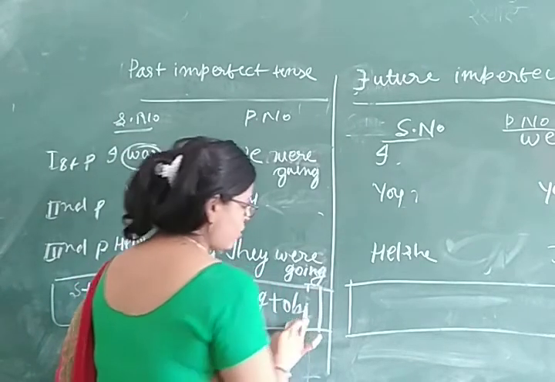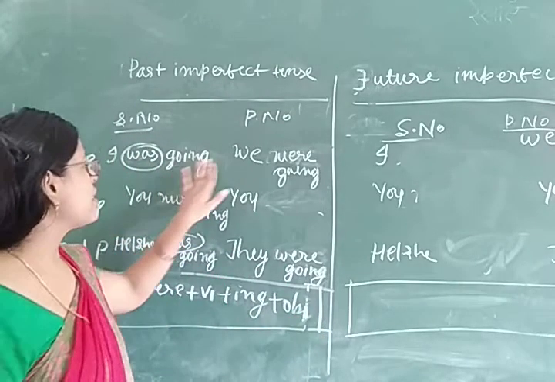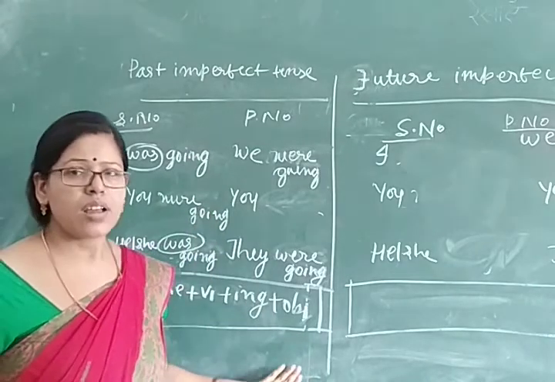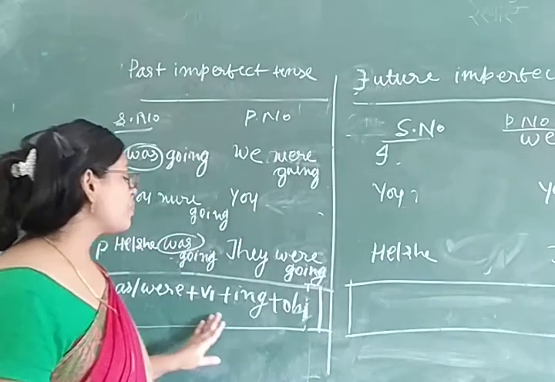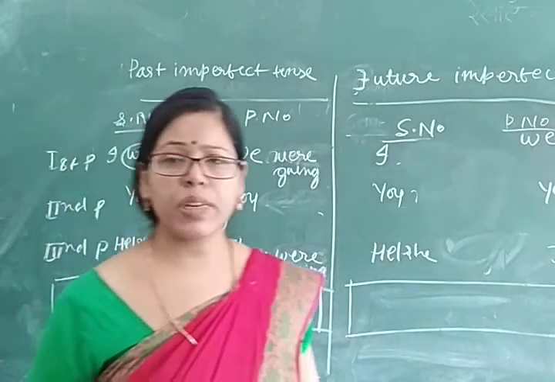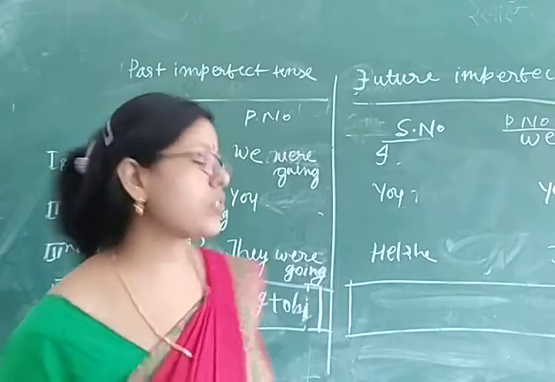In a sentence you can write the object, but if you write without it, it will also be an example of past imperfect tense. But as I told you in the previous tense, a structure is incomplete without the object, so the object is very important.